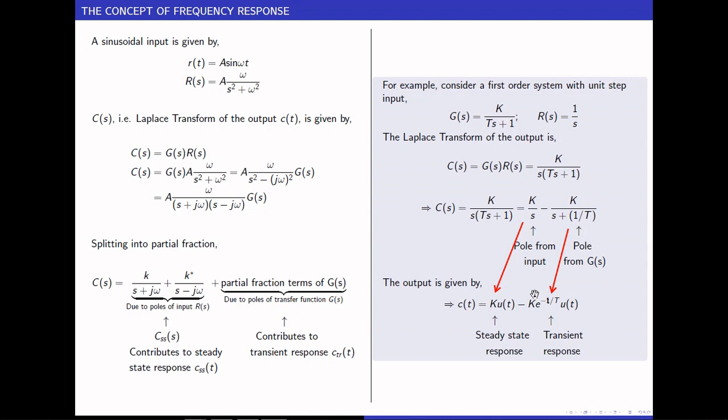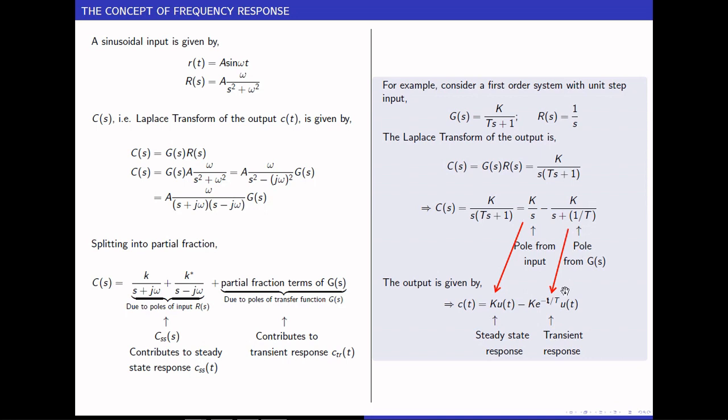Obviously the term which has the exponential is going to be the transient part of the response, and this is the steady state part of the response. So if you clearly relate this to the partial fractions of C of s, this steady state response is associated with the pole from the input, whereas the transient response is associated with the pole from G of s.